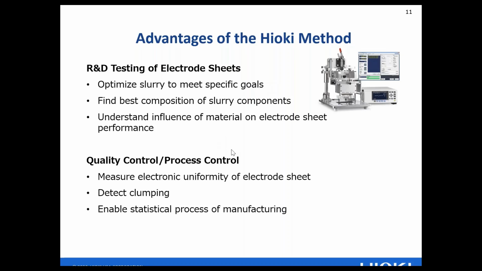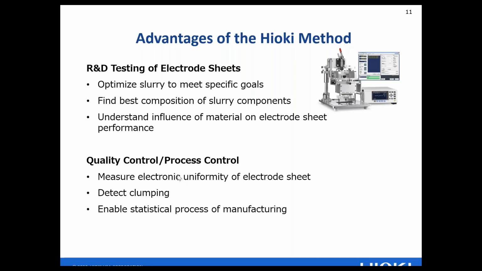For quality control and process control, incoming inspection, it's very easy with this tool, and I'll show you some measurement examples in one of the next slides. It's very easy to use this tool and inspect how uniform your electrode sheet is when it comes in. You just do a few measurements, do statistical analysis, and you have a very good view on how well your manufacturing process is.